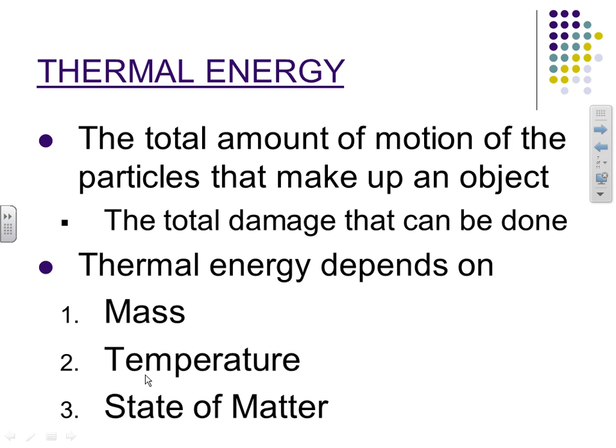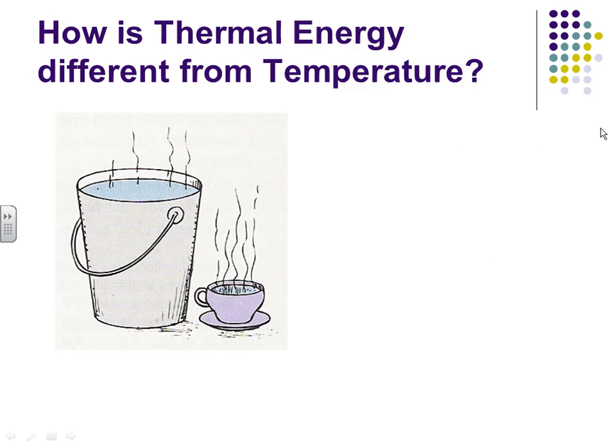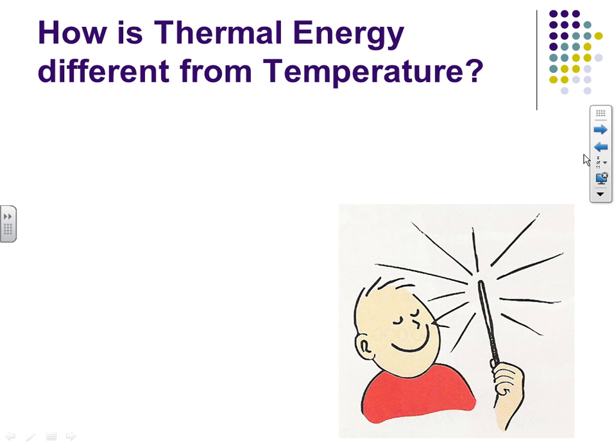All right, first, let's look at this 4th of July sparkler. The question on your sheet says, do the sparks have a high temperature or a low temperature? High temperature, right? What does that mean?